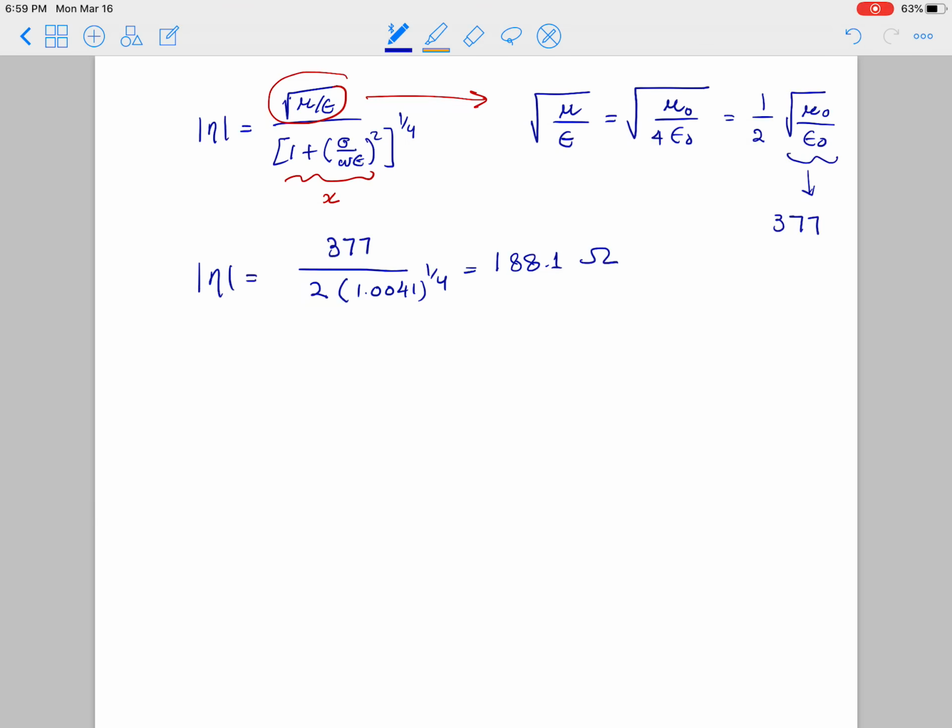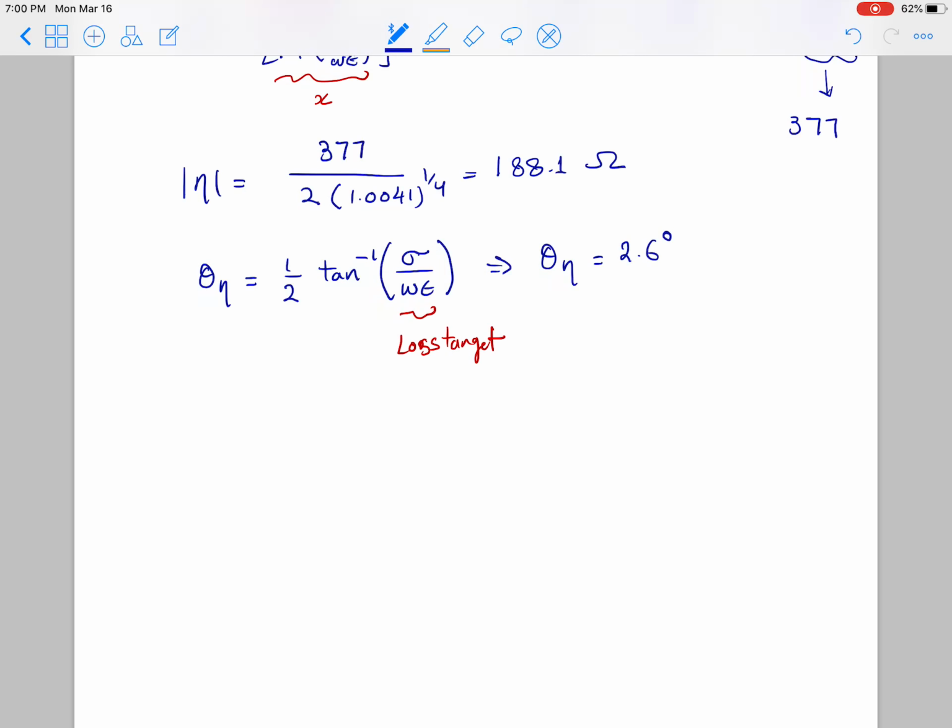The angle we can directly substitute the formula here. One half, so this one is the loss tangent, therefore the angle is 2.6 degrees.